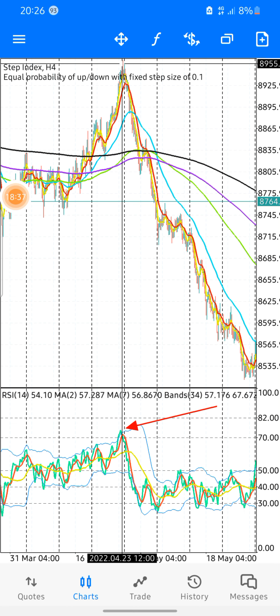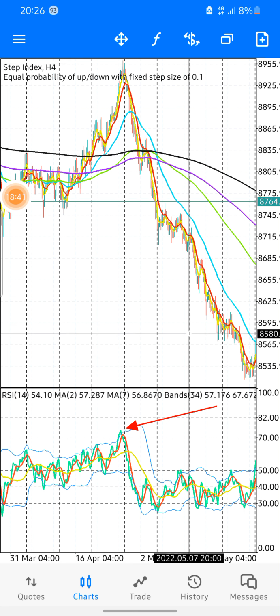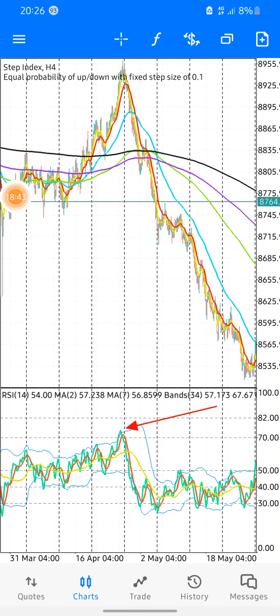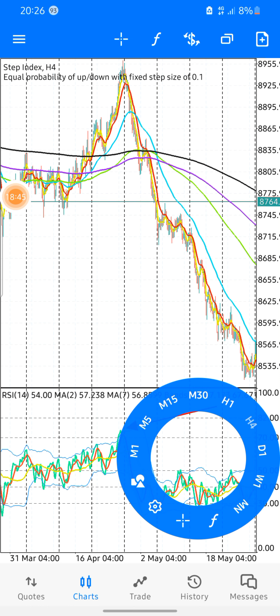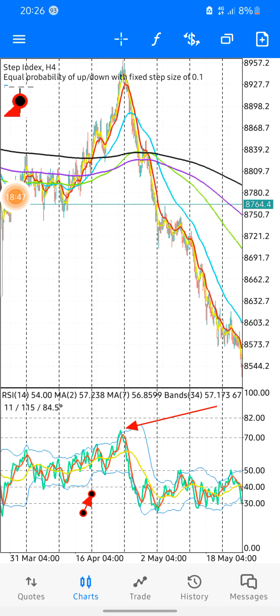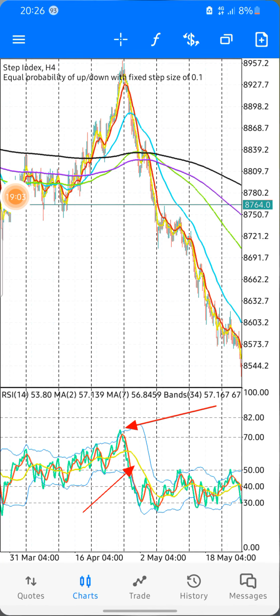In the TDI, our MPO line, let me mark the MPO line for you, which is the yellow line, this one. The MPO line is at the extreme levels, it is at around 62. So we can say it is at the extreme levels. So that was for point 2.